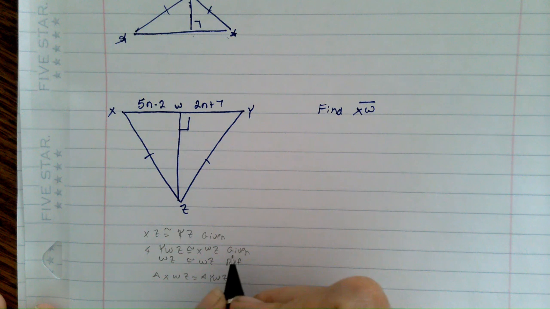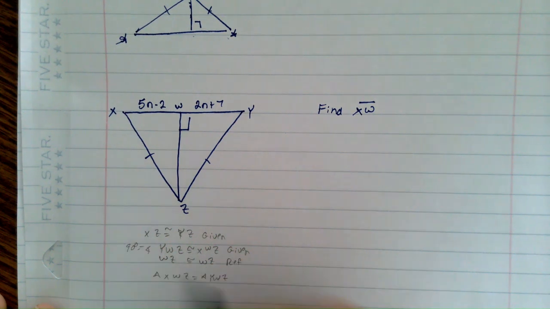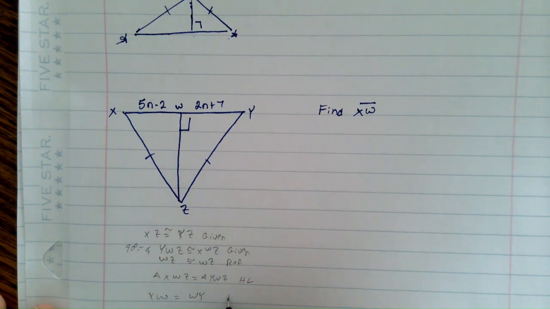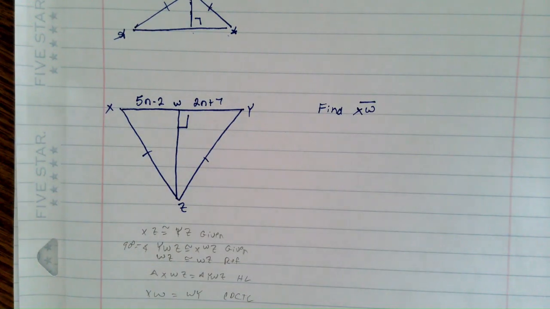Actually, I should have said the angles equal 90 degrees, not that they are congruent. So this is by the hypotenuse leg theorem. So that means XW is congruent to WY because of CPCTC. Right? That's a lot of writing.